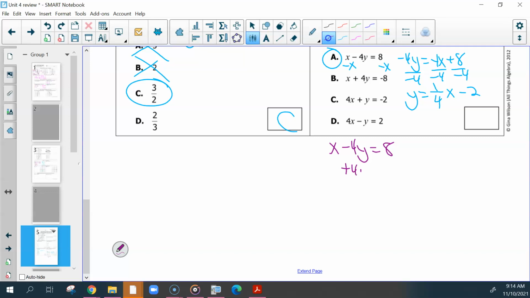So if I move the y term over, I'm left with just an x equals, which right now doesn't make any sense because we need it in y equals. But then I could move the 8 back. So this one's a little bit more work, because you have to move things twice. And then divide everything by 4.